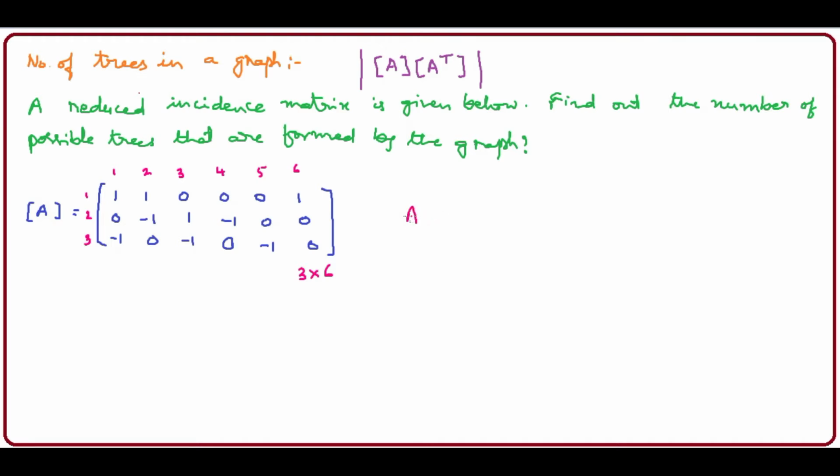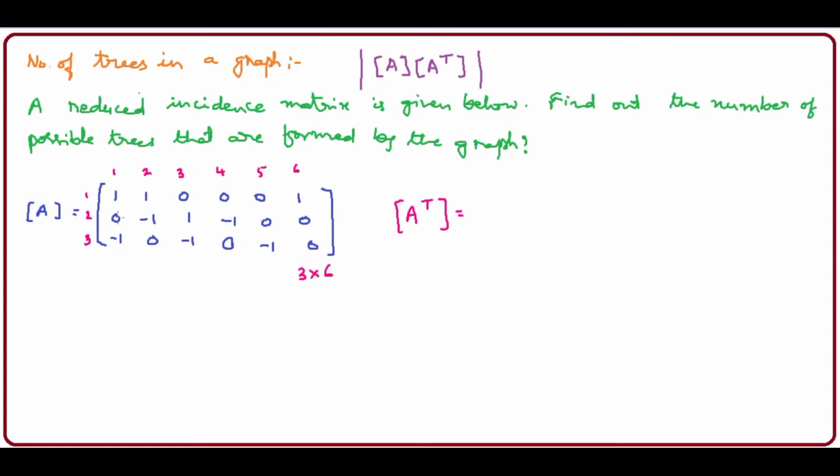What does A transpose mean? Transpose means the matrix formed by transforming rows into columns and columns into rows. If we want to find A transpose, we need to interchange the rows and columns of matrix A. Then that matrix is called A transpose.